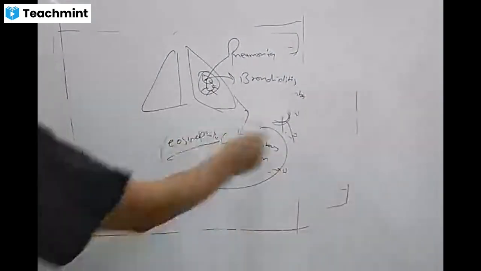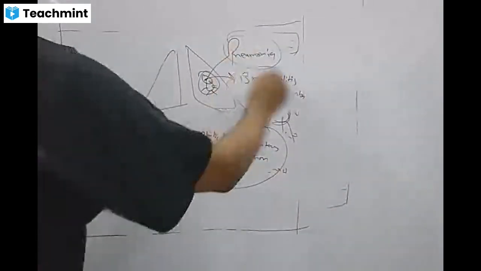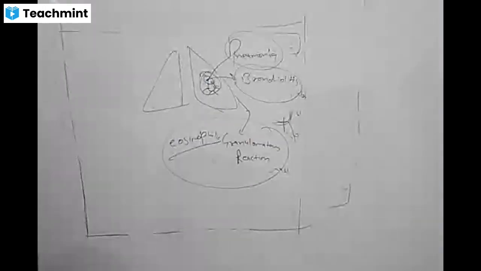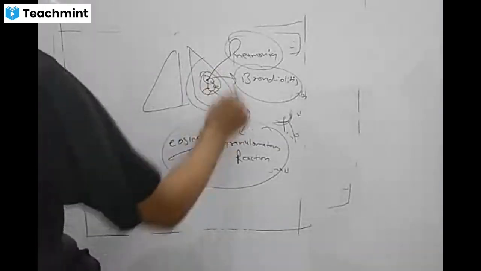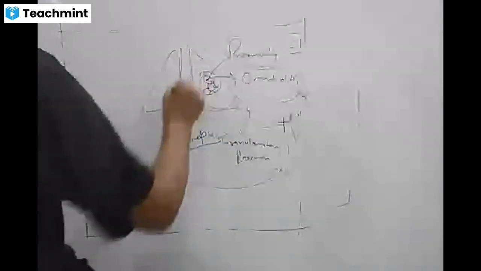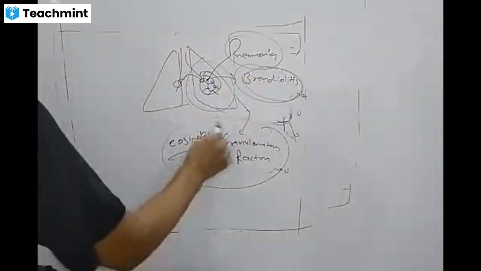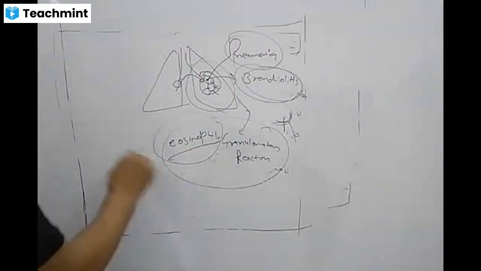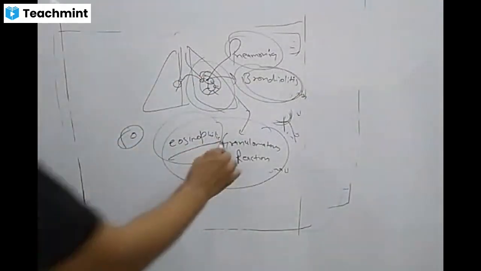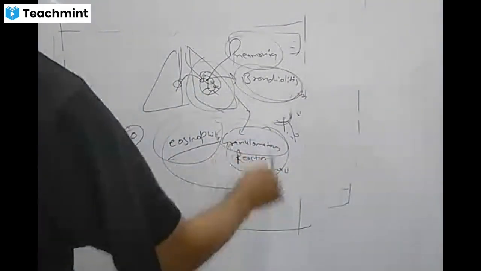So these are the three pathogenic effects related with paragonimus. Pneumonia, that is lungs are affected; bronchi, if affected, it is known as bronchiolitis; and there is eosinophilic infiltration that may lead to granulomatous reaction.